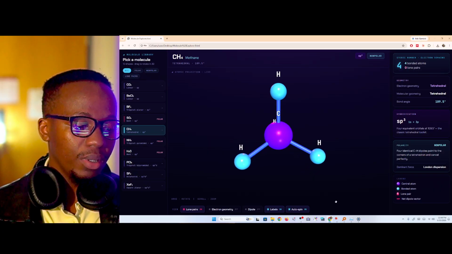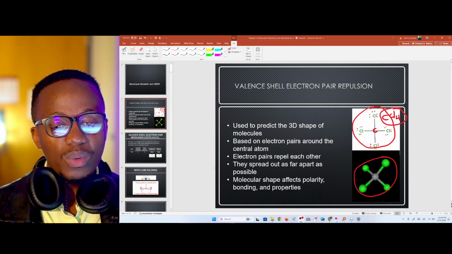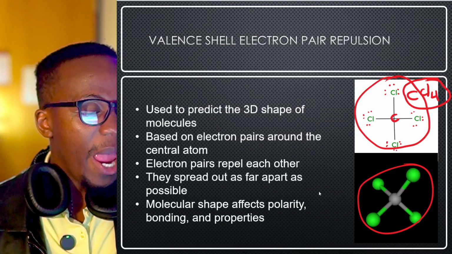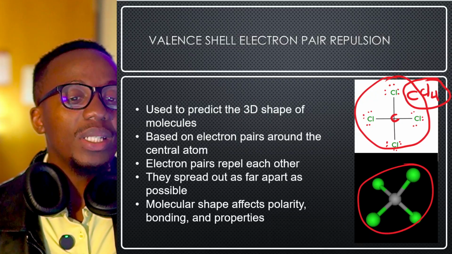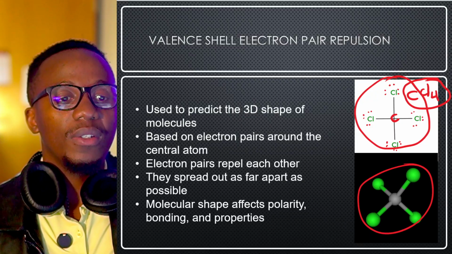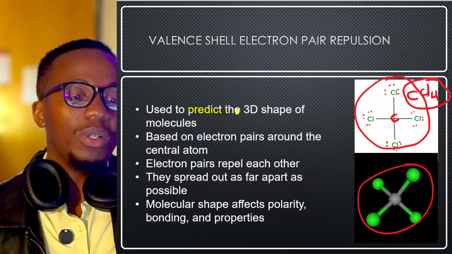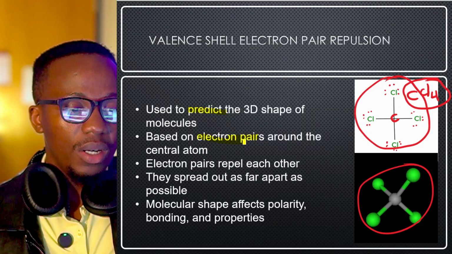So VSEPR here teaches us how we are going to not only remember that you have 2D space, but also predict the 3D space. It's used to predict the 3D shape of molecules, and it's going to be based on electron pairs around the central atom.